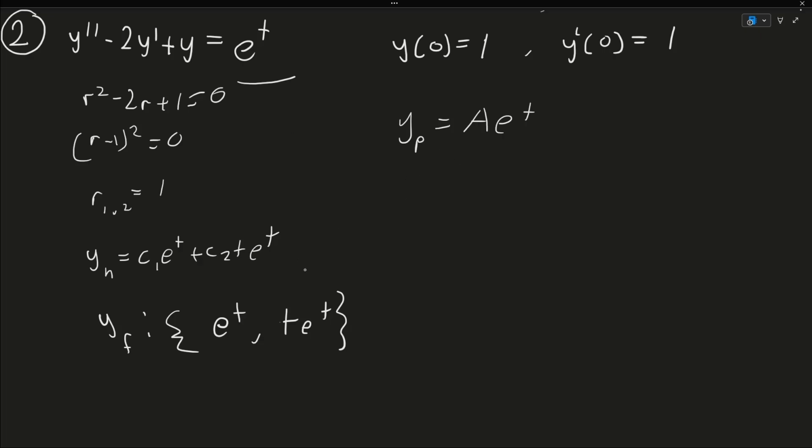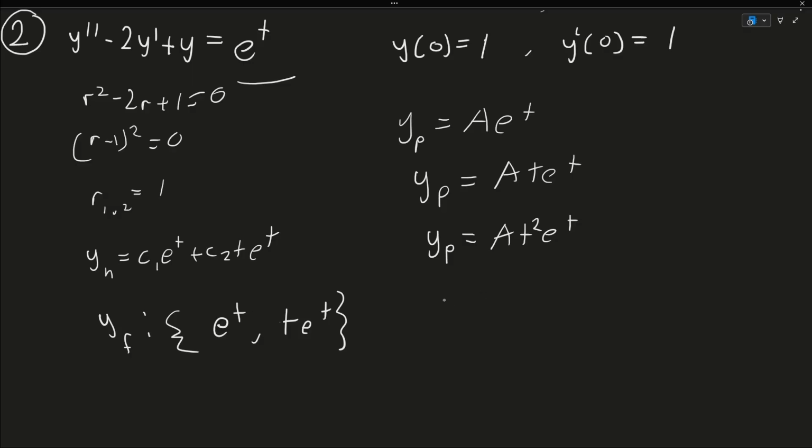However, this is linearly dependent with the fundamental set of solutions, so we will be multiplying with t, so a t e to the t. However, this is still contradictory to the fundamental set of solutions, as you can see in the second term here. So you would multiply with t again, so a t squared e to the t. And now this works for our particular solution because there's no linear dependence here.